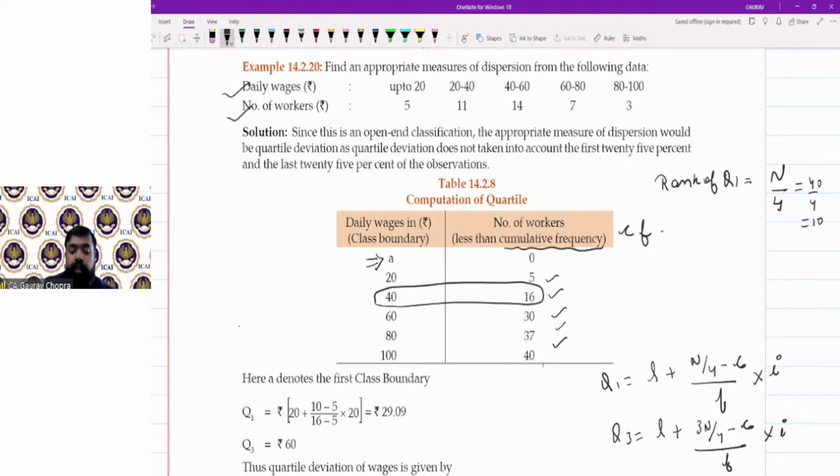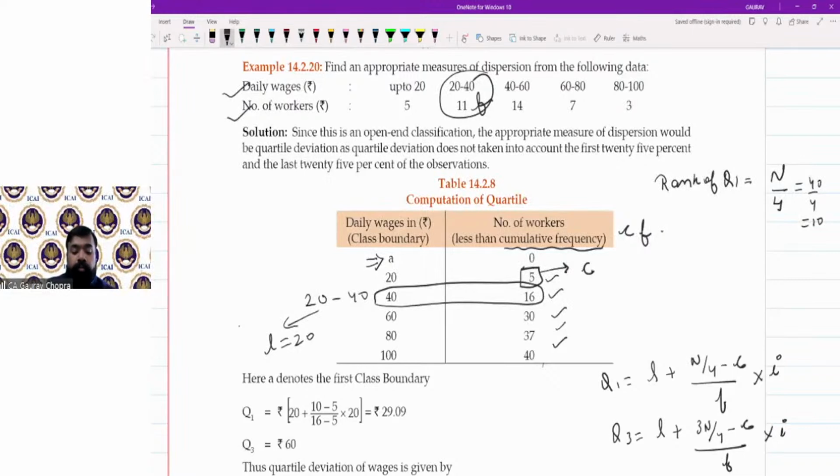So this interval means it is 20 to 40. So the lower limit will be 20. Frequency is 11. Then what will be C? C is just above CF.